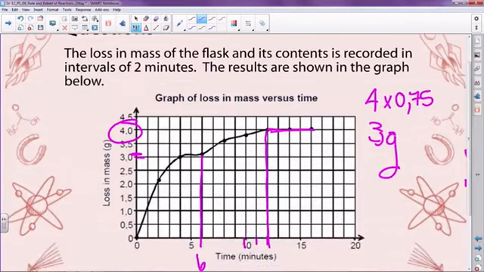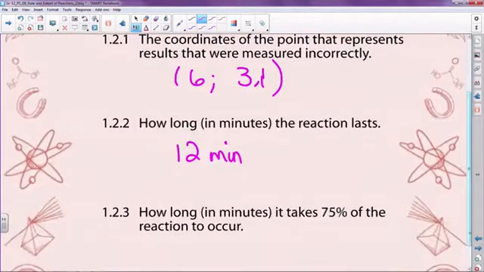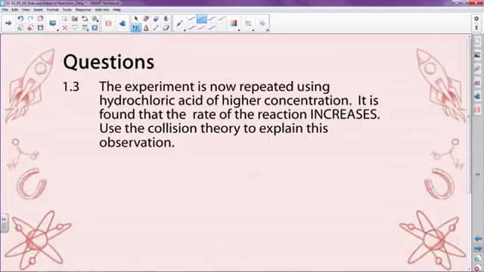That was 3 grams is over here, and that down here is 4 minutes. Not so bad. Okay, next question now says, the experiment is now repeated using hydrochloric acid. It's found that the rate of reaction increases. Explain this observation. I'm giving you a minute to explain that observation, and your minute starts now.